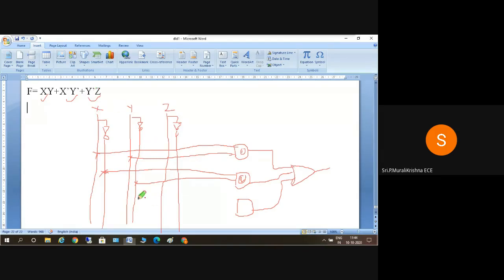And y bar z. Here we have y bar, and here we have z. So this is z here. This is the standard method of drawing any logic diagram.